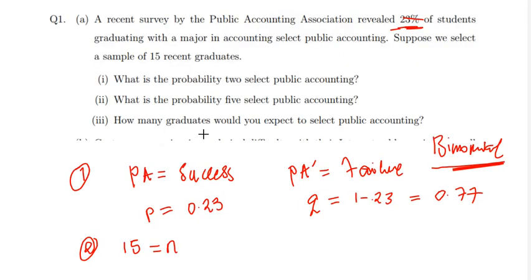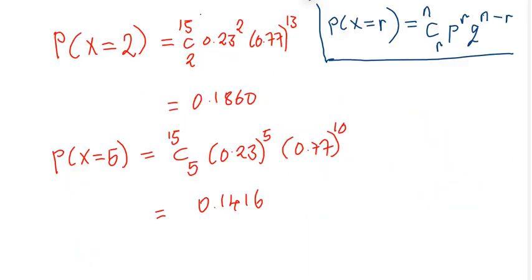The next question says, how many graduates would you expect to select public accounting? So this is straightforward. This is number 1, this is number 2, and number 3. How many do we expect to select public accounting out of the 15? The general formula is the number of trials multiplied by the probability.